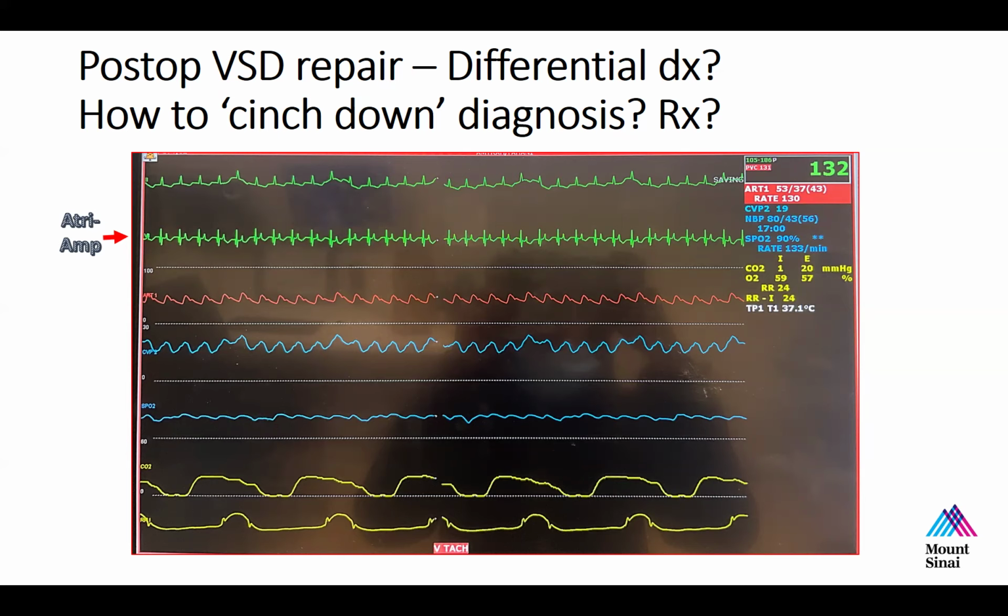If you were to pace the atrium at 140 beats per minute, faster than this rhythm, what do you think would happen to the QRS if this was VT? If I was pacing it faster than this rhythm, and the AV node is conducting... Good point. Good proviso. Yes, the AV node's conducting.